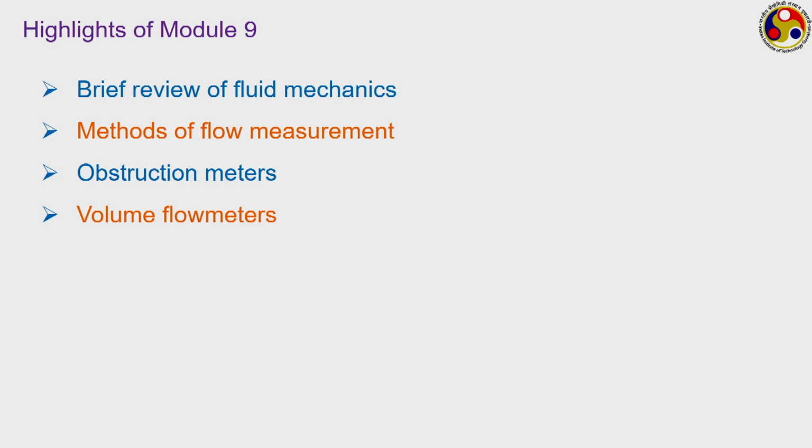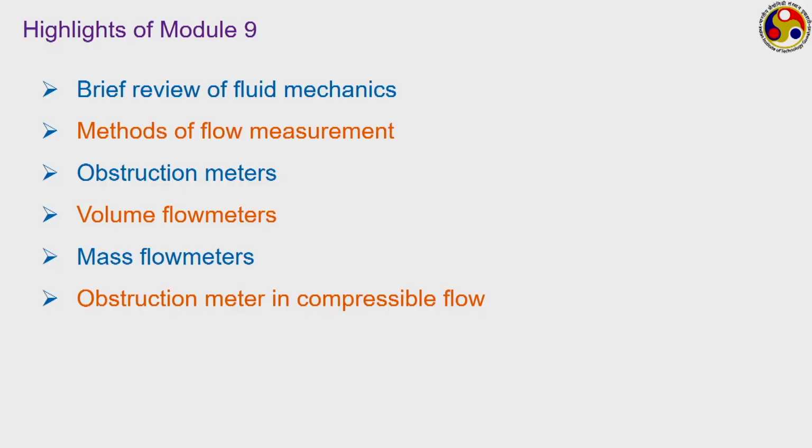Today we have also discussed the vortex shedding flow meter and also the positive displacement, or so called PD, flow meters. Then we talked about two different kinds of mass flow meters. One is the Coriolis mass flow meter, a very popular one, and also the thermal mass flow meter.